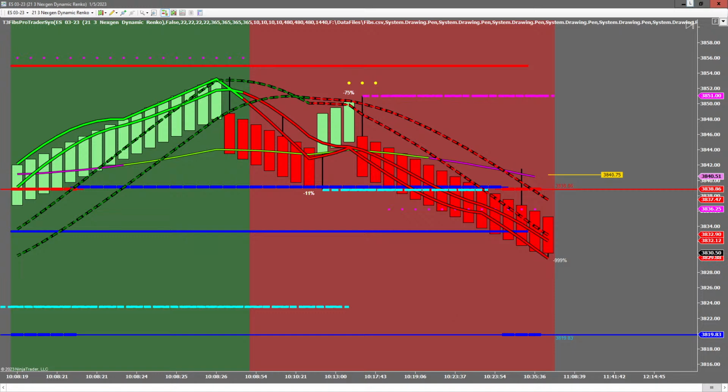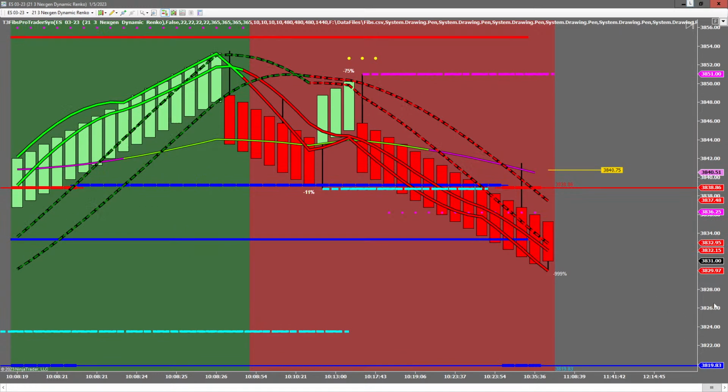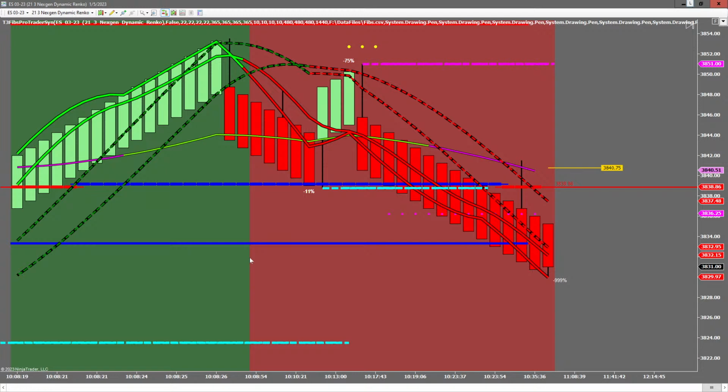What's your thought about this chart alone? Quite a bit of momentum to the downside. What would you guys say?